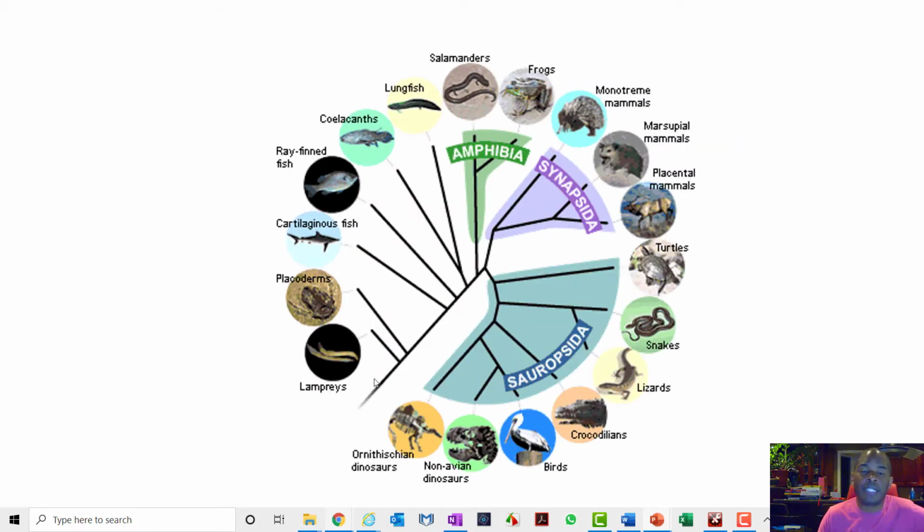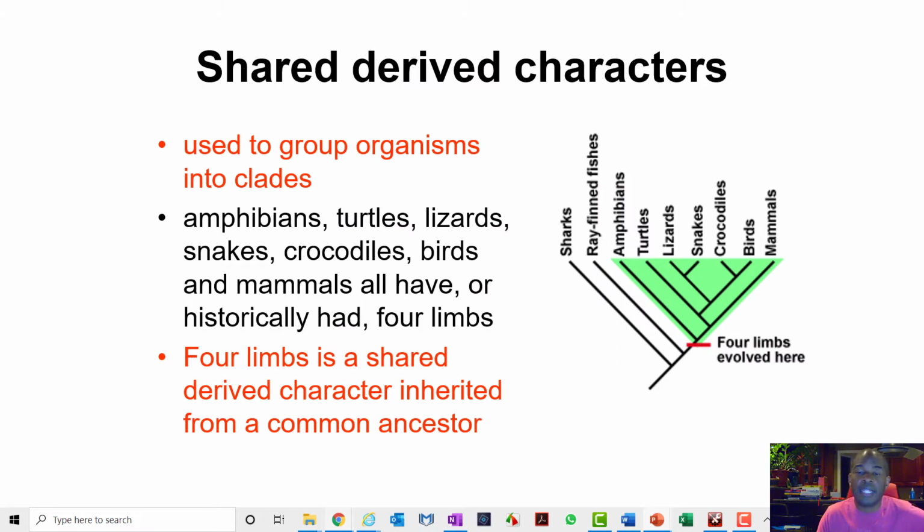So we have our classic animal kingdom phylogenetic tree, where the fish are in an area, the amphibians are in an area, the synapsids, which are the mammals, are in an area, and the sauropsids, with the reptiles and birds, are in an area. And they have certain characters that allow us to classify them together.